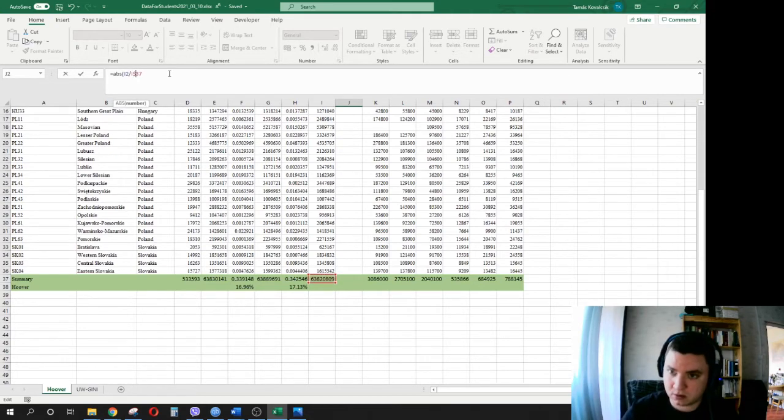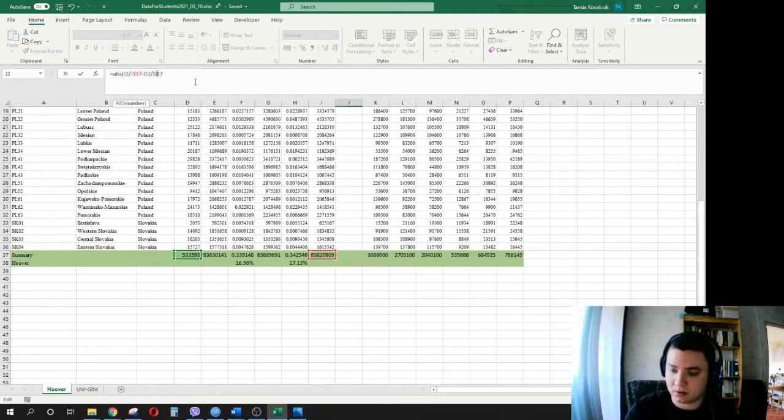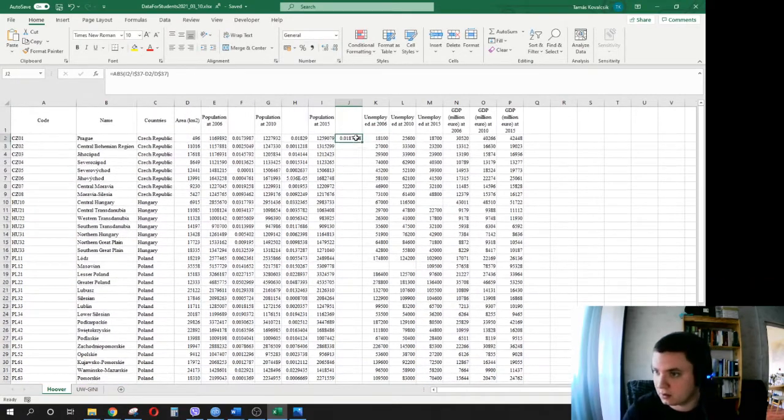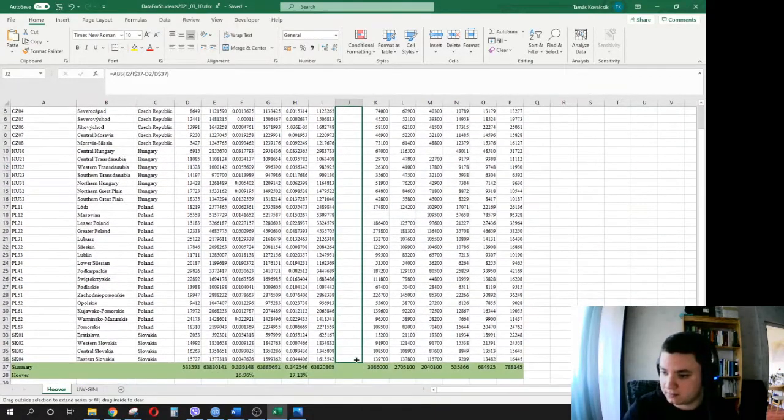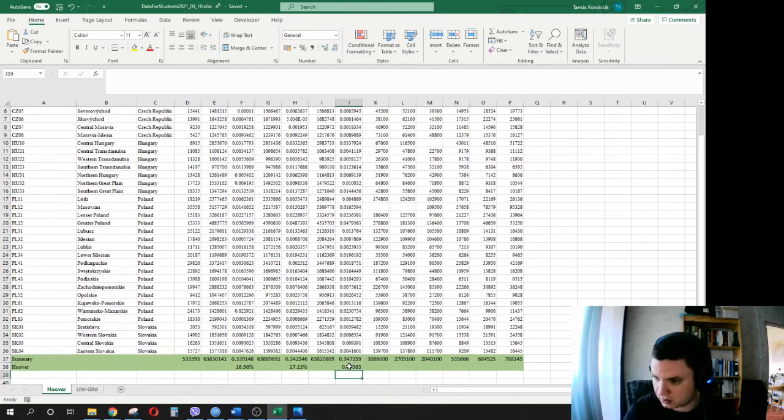Okay, share minus area divided by the summary, and okay. Here is the summary, and here is the Hoover index in percentage form.